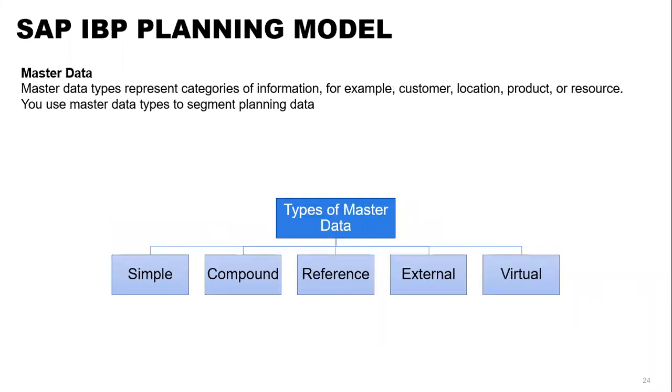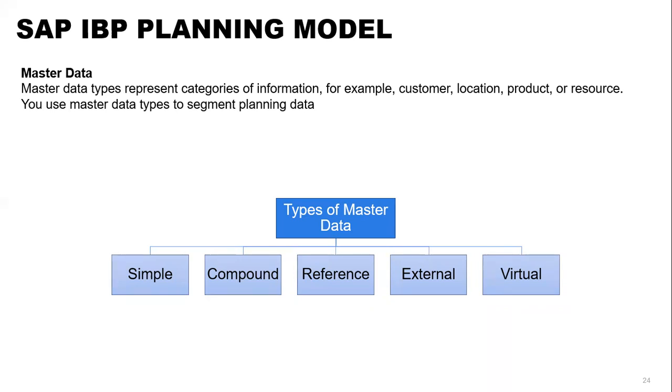The next thing is master data. In master data, we have five types. One is simple master data, like product, location, and customer. Compound master data is a combination, for example, product and product location. This defines which products are available in the respective locations.